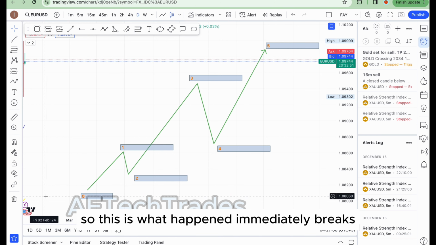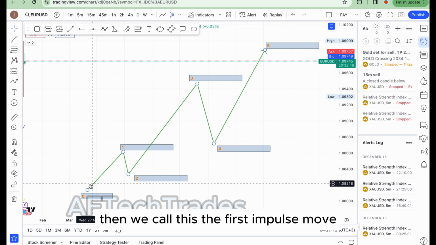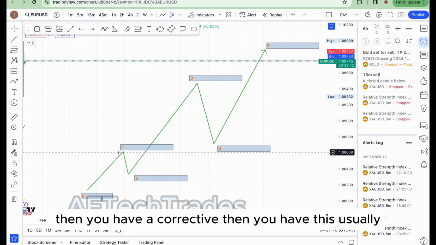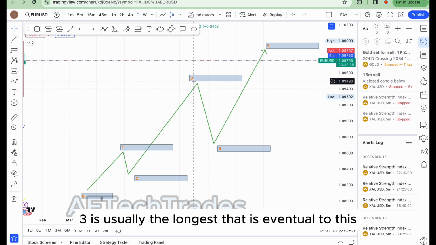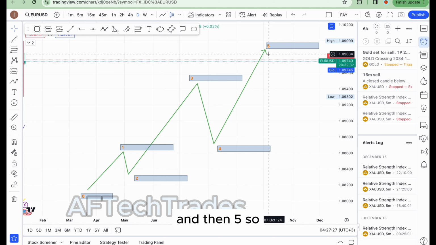So this is what happened. Immediately it breaks out of the trend. Then we call this the first impulse move. Then you have a corrective. Then you have this. Usually 3 is the longest. There is a ratio to this. Then you have 4 and then 5.